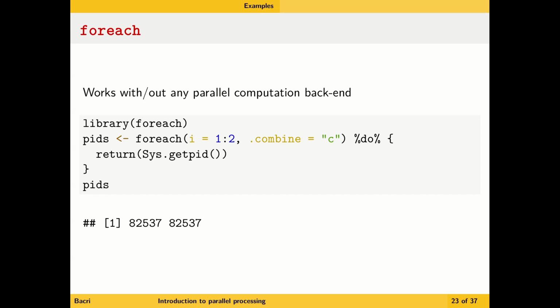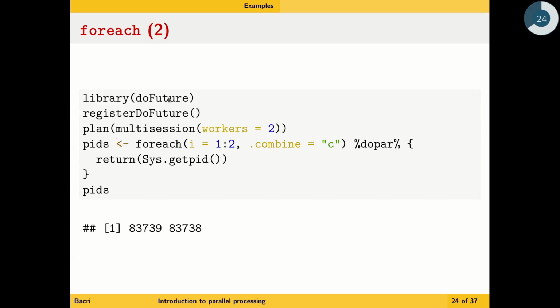If I want to parallelize this, I load the doFuture library. I have to call this because, yeah, I have to. And then I ask to plan a multisession, so use sockets, and I want to use only 2 cores out of the ones that I have.